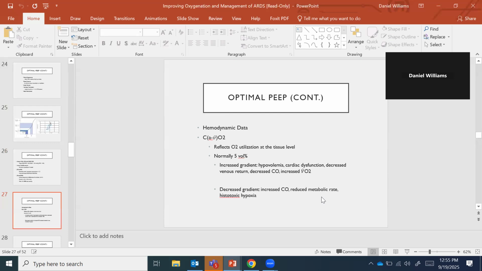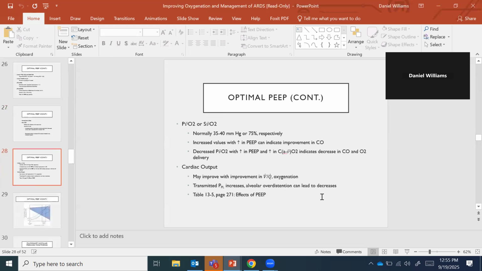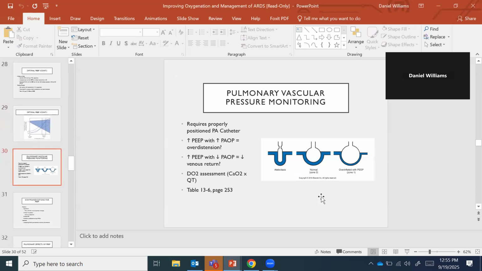So we talked about the CaVO2 difference as well. If that gradient happens to increase, make sure that you review those items that might cause that increased gradient. Make sure that you review the items that might cause a decreased gradient as well. And the same for the next few items that we'll look at.